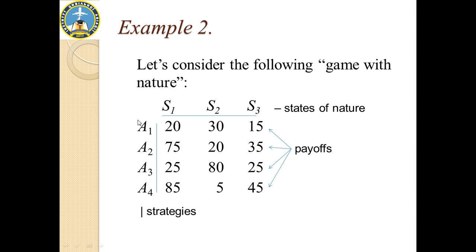So, for example, given that the decision maker adopts this option A sub 1, he can obtain different payoffs: 20 if the nature turns up in its state S sub 1. The payoff of 30, again, it's just relative numbers, if the nature turns up in its state S sub 2, or 15 if the nature turns up to be in its state S sub 3.